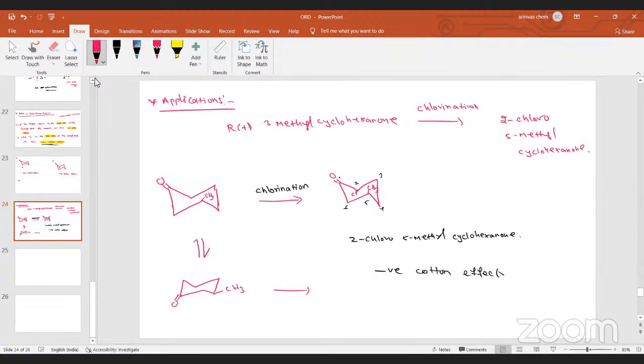Upon chlorination, it can form the same 2-chloro-5-methyl cyclohexanone: chlorine in the axial position and methyl in the equatorial position.